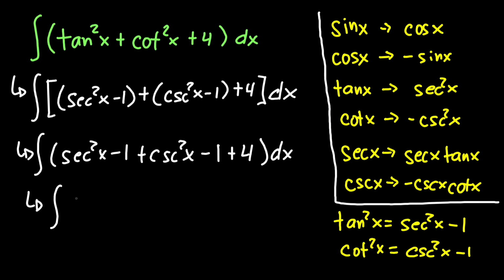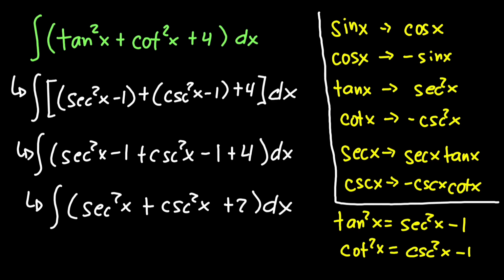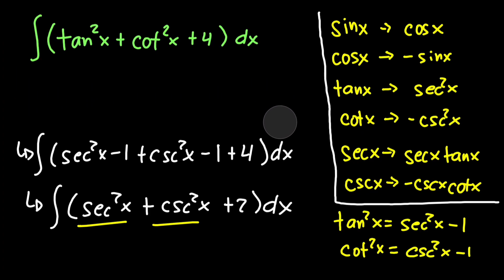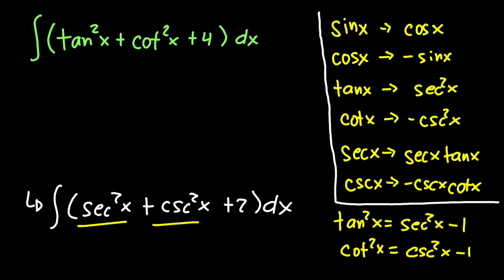So you are left with the integral of secant squared of x plus cosecant squared of x plus 2 dx. Now you can see here that secant squared of x and cosecant squared of x do exist in the table. So we can split this integral into 3 parts.